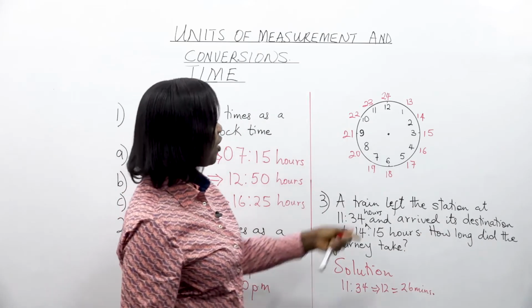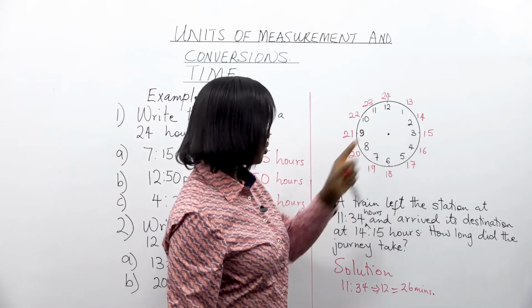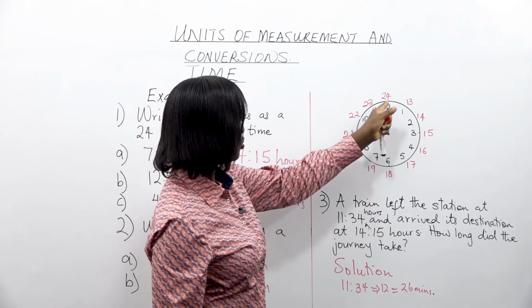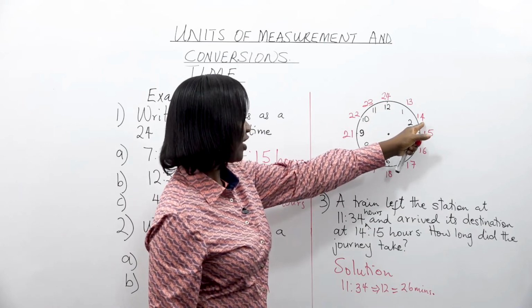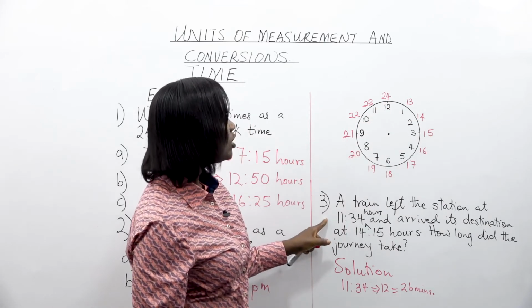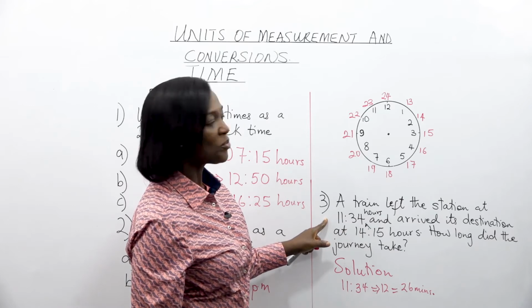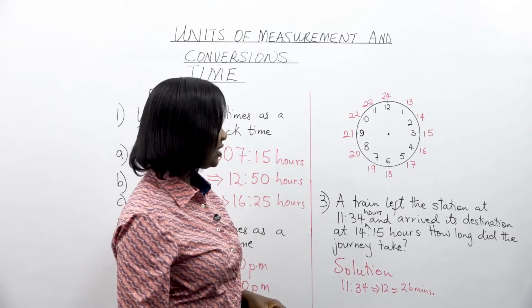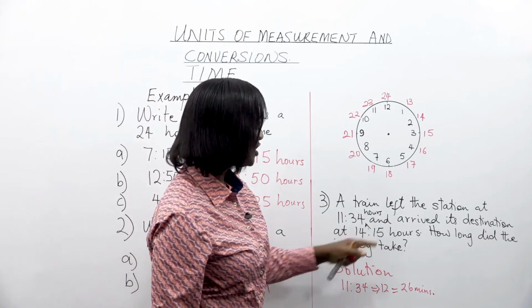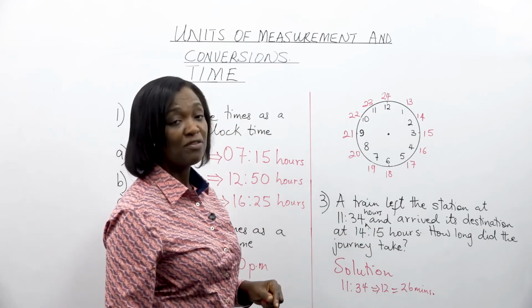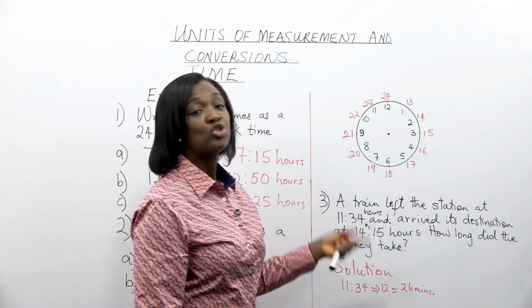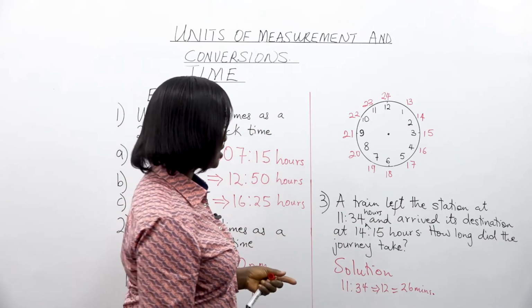Then, from 12 to 14, don't forget that it's in 24-hour clock time. So from 12 to 14 will be 2 hours. And then 14:15 will be 2 hours, 15 minutes. So we're just going to add 26 minutes to 2 hours, 15 minutes to get the total time.